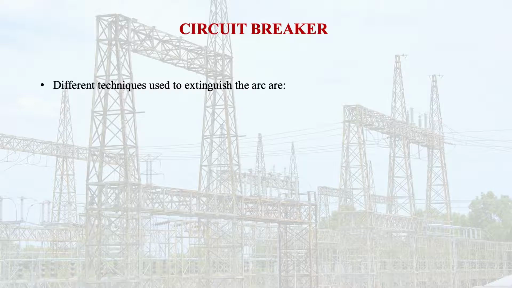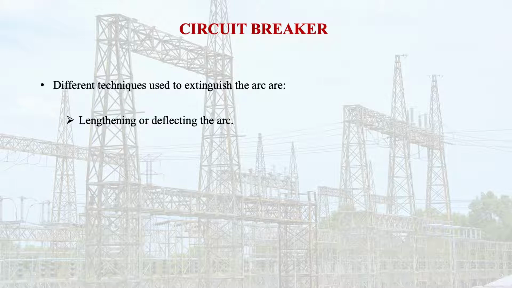Different types of circuit breakers use vacuum, air, insulating gas or oil as the medium in which the arc forms. Different techniques are used to extinguish the arc, including lengthening of the arc or deflecting the arc.